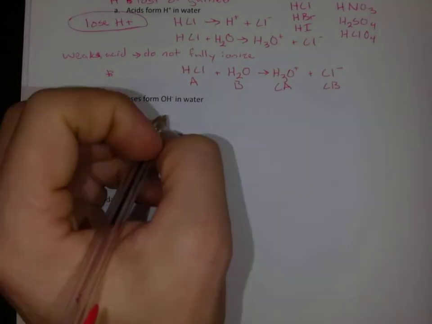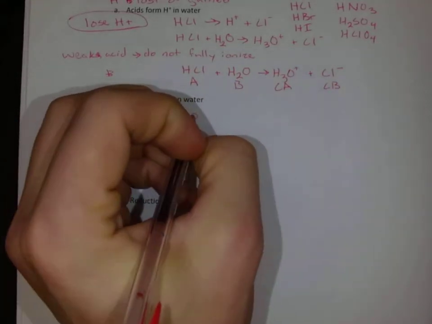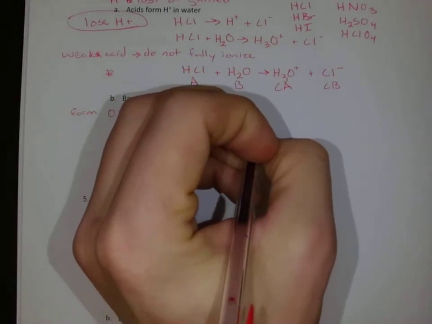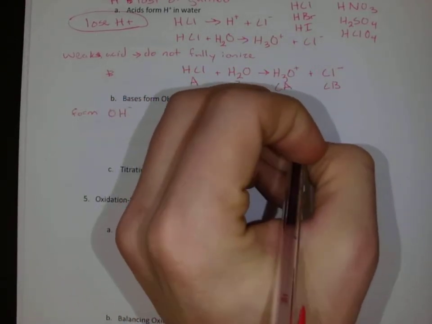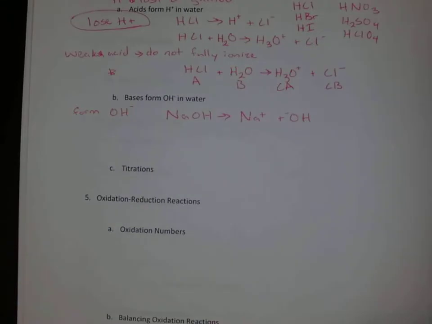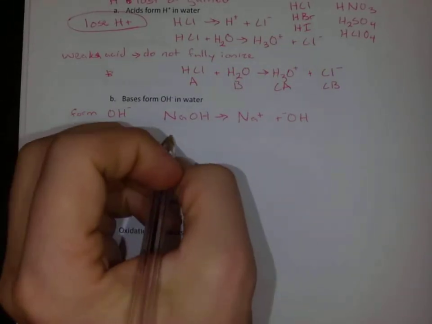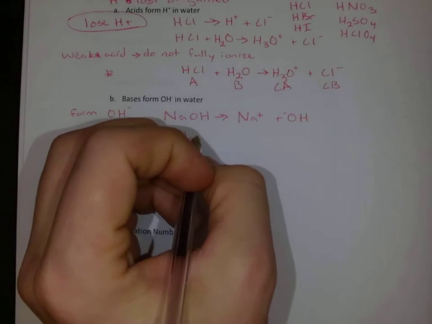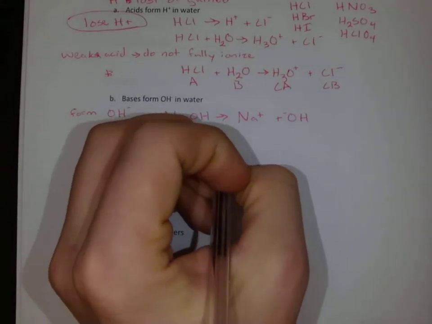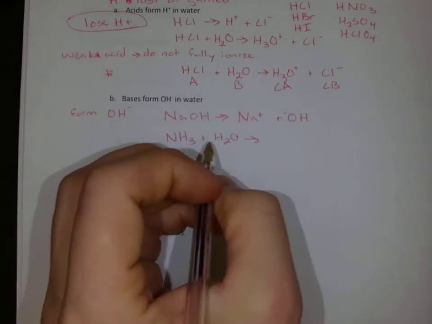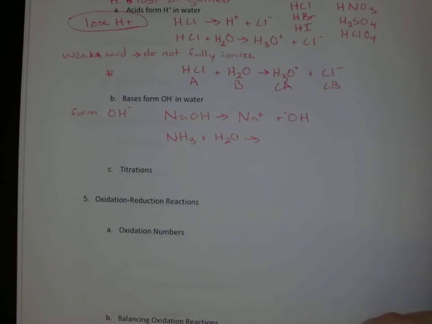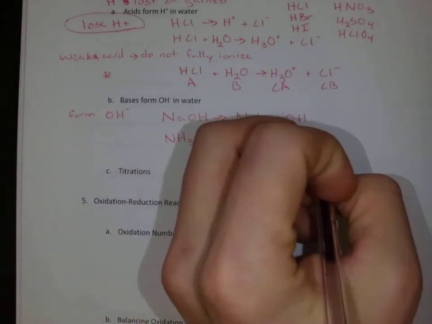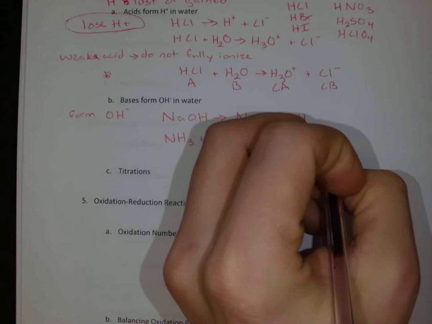So an example of this would be NaOH that goes to Na plus and OH minus, okay? But we could also look at something like NH3. When it's put in water, it's going to actually pull one of those hydrogens off of water, and it's going to form NH4 plus and OH minus, okay?